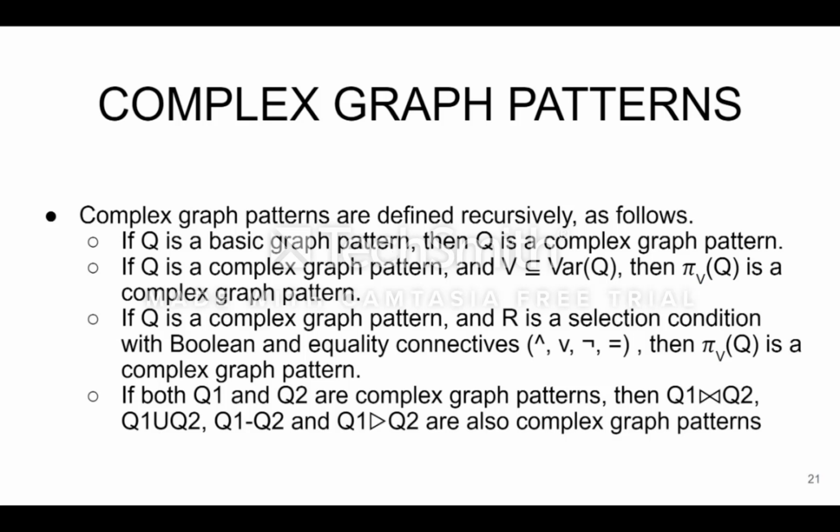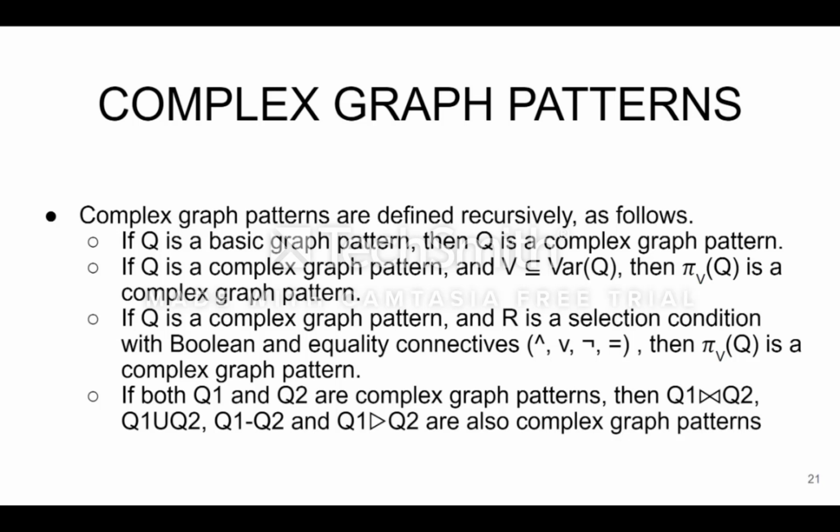Complex graph patterns are defined recursively as follows: if Q is a basic graph pattern, then Q is a complex graph pattern. If Q is a complex graph pattern and V is a subset of var(Q), then π_V(Q) is a complex graph pattern.